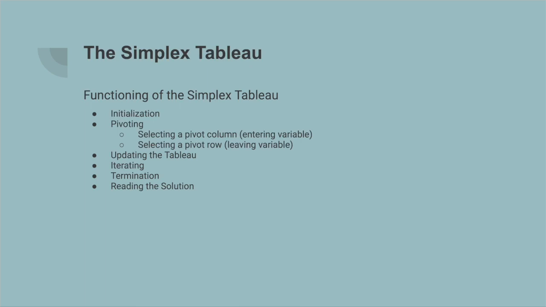And for selecting a pivot row, this is done by calculating the ratios of the solution column to pivot column, ignoring negative or 0 entries, and choosing the smallest positive ratio. Once the pivot element is chosen, we use row operations to adjust the tableau such that the new basic variable takes the place of the old one in the basis. Then we repeat the pivoting process.